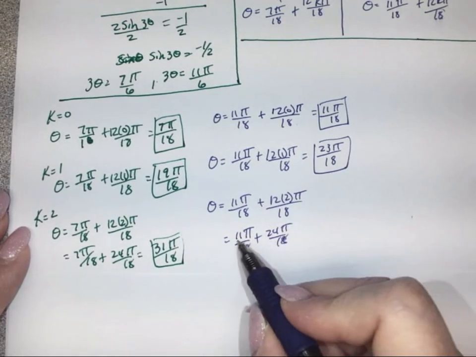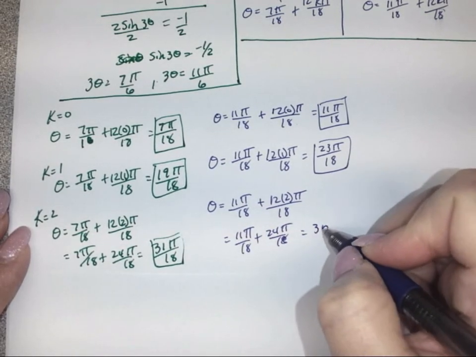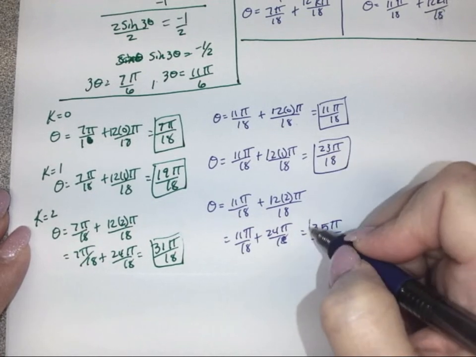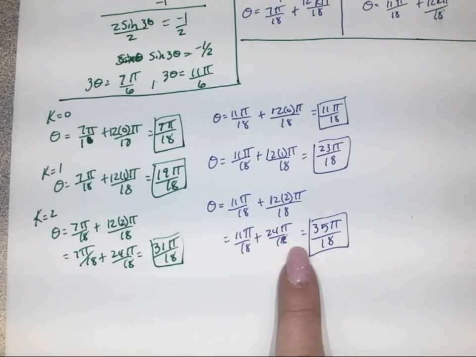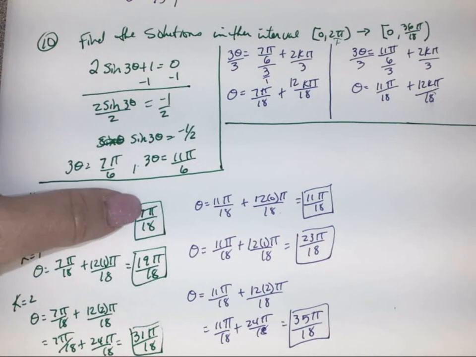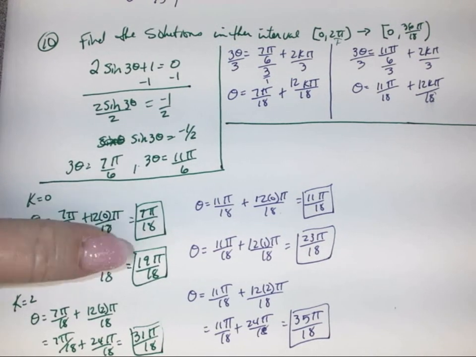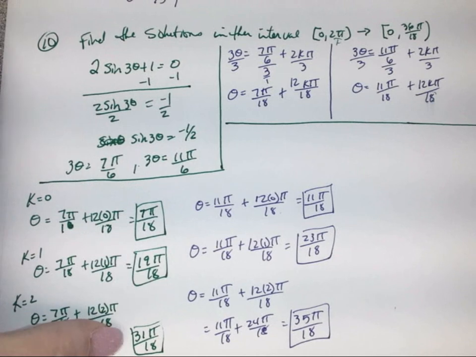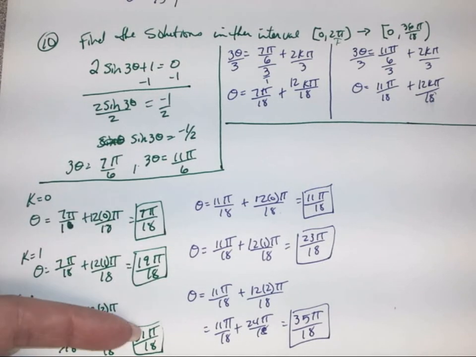So when we add that, we end up getting 35 pi over 18. Now what we need to recognize is this is super, super close to our 36 pi over 18. And we can kind of see this went from 7 to 19. Well, it went up by 12. It went up by 12 again because we got 12 pi over 18.